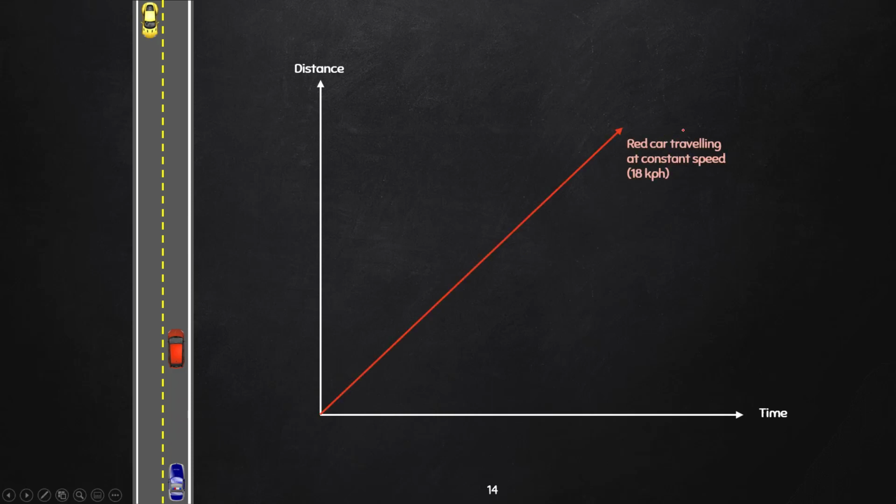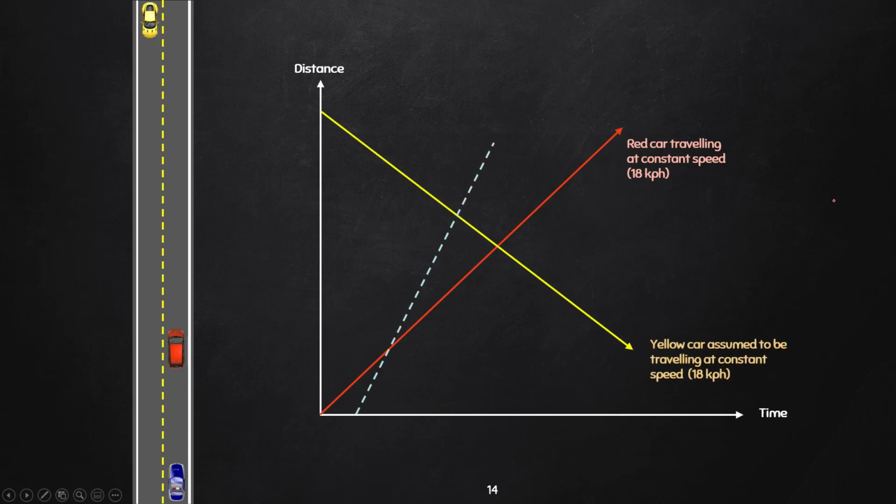So the red one here is the space-time consideration for the red car traveling at constant speed, 18 kph, and for the yellow car it is the same. This broken blue line is the initial, because the blue car is traveling at 36 kph.